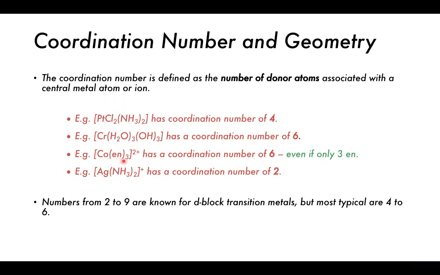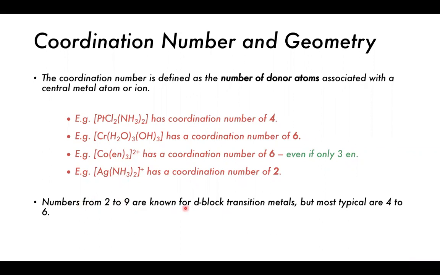Here we have a coordination number of 6 as well. This is ethylene 1,2-diamine, en. It's a bidentate ligand, so it takes 2 binding sites per ligand. So there's 3 times 2 is 6. Even though there's only 3 en, it's actually a coordination number of 6. And here the silver has the 2 ammonias, so there's a coordination number of 2.